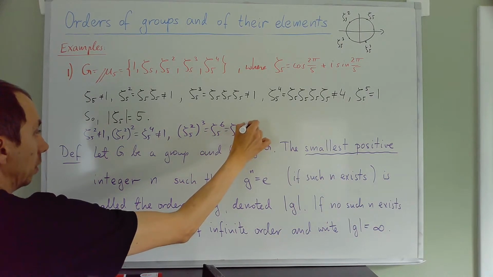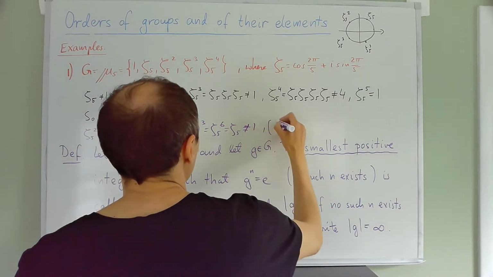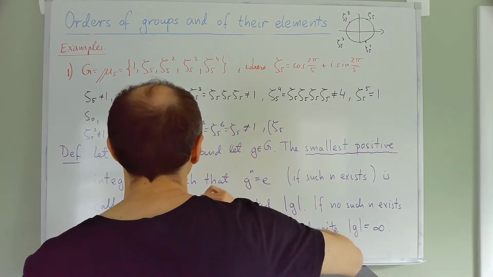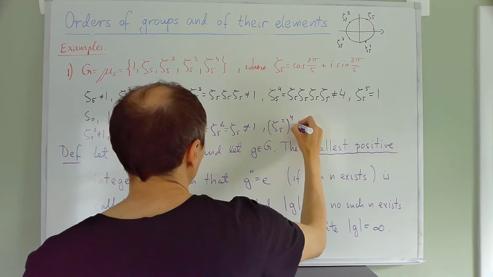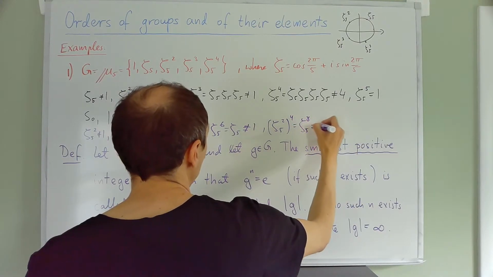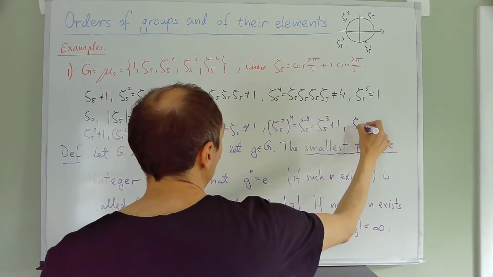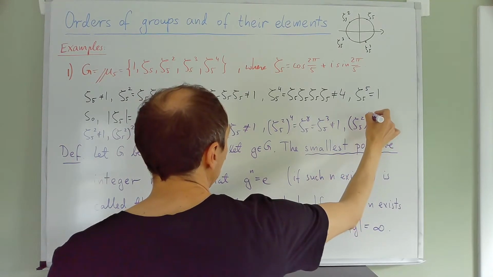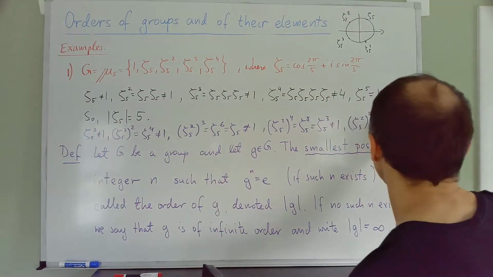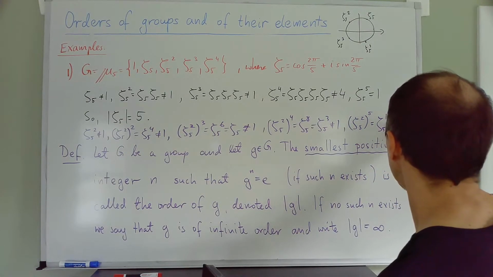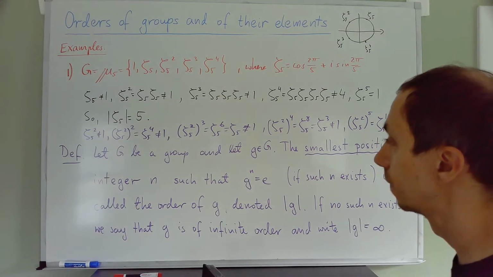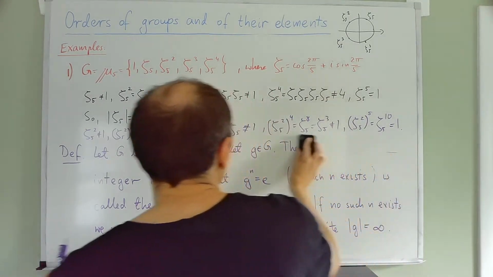That's also not 1. Zeta 5 squared to the 4th, that's zeta 5 to the 8th, which is zeta 5 cubed. That's also not 1. But zeta 5 squared to the 5, that's zeta 5 to the 10th, that's 1. So again, the order is 5.